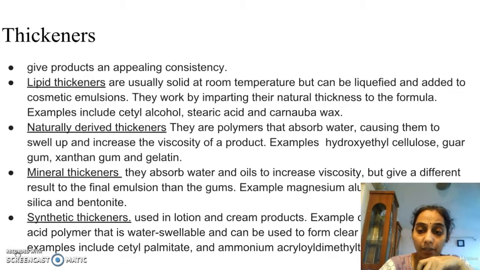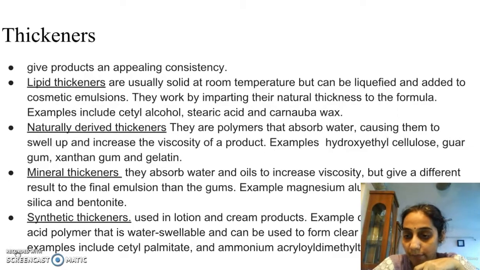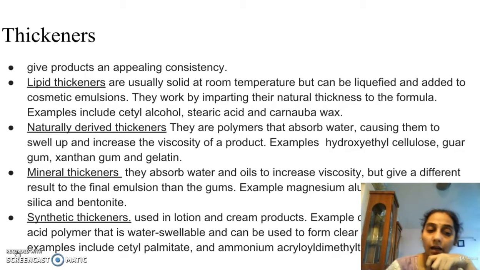What is a carbomer? An acrylic acid polymer that swells in water and forms clear gels. Others are acetyl palmitate, ammonium acryloyldimethyl laurate. Okay, these are the synthetic thickeners, truly man-made.